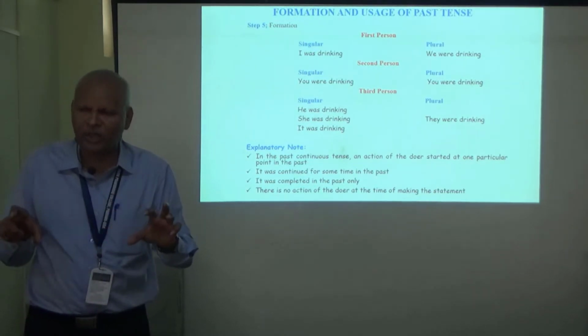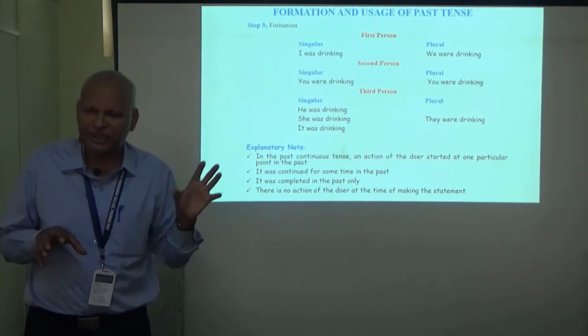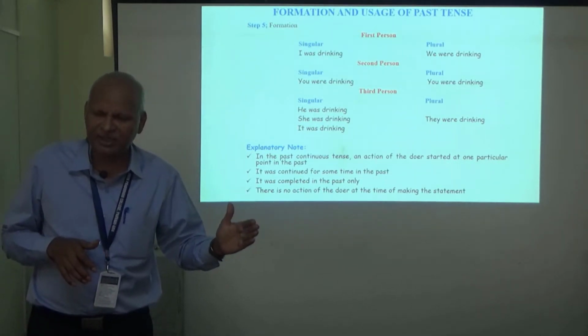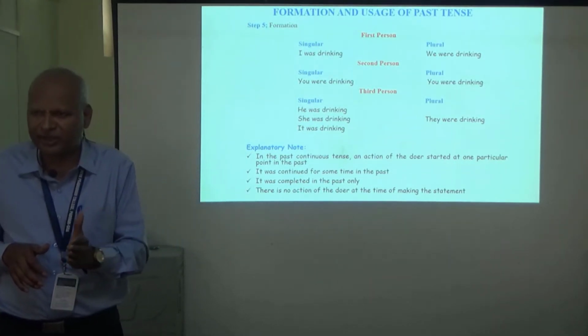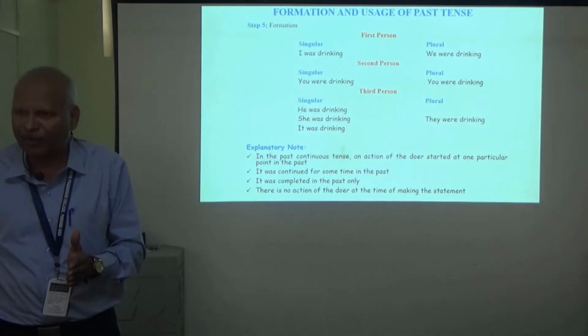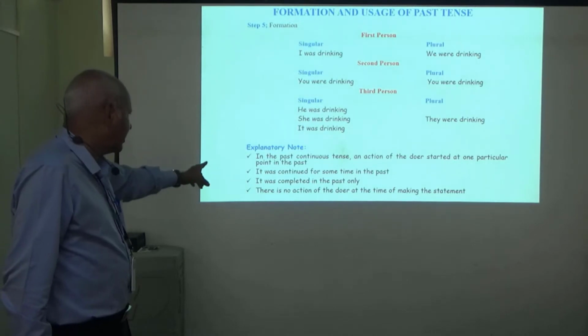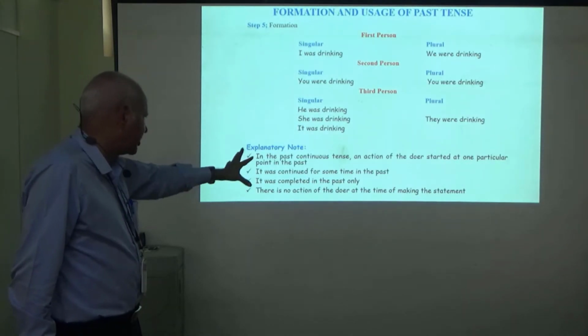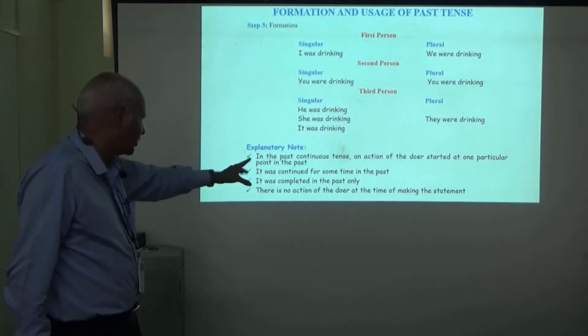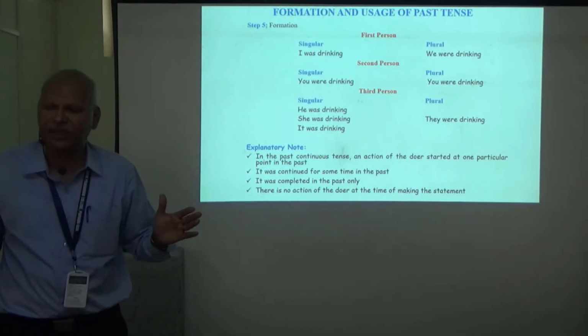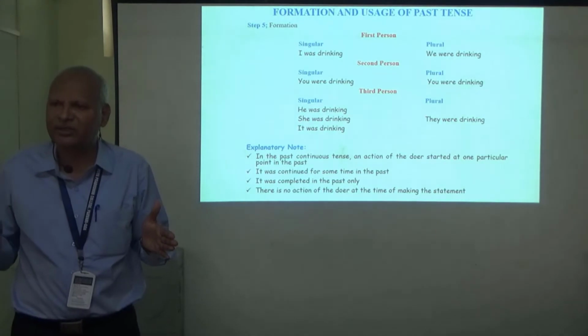So in a short duration, this statement was being used. The action started in the past, continued in the past only to some extent, and completed in the past only. So there is no action of the doer at the time of making the statement. This is a past continuous tense.